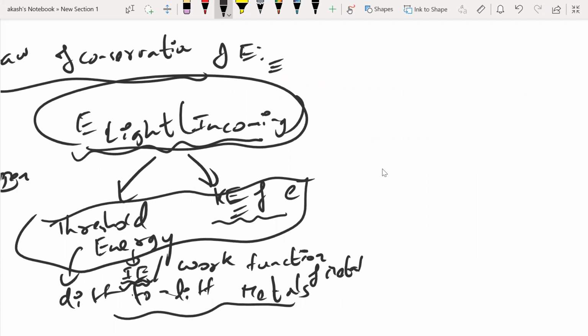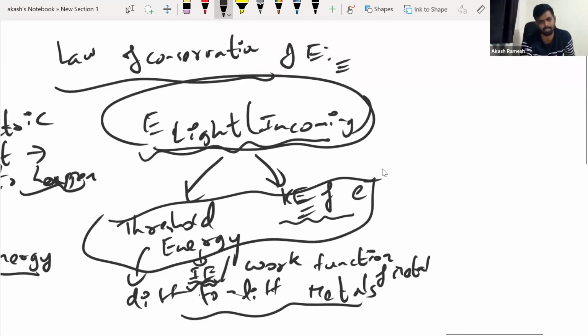Sir, suppose the energy of the incoming light is equal to the threshold energy, and the electron has been taken out from the atom, but it does not possess any kinetic energy because all the energy is spent in overcoming the threshold energy. Can the atom attract the electron back again? It should be possible.